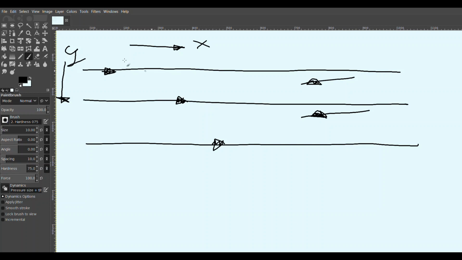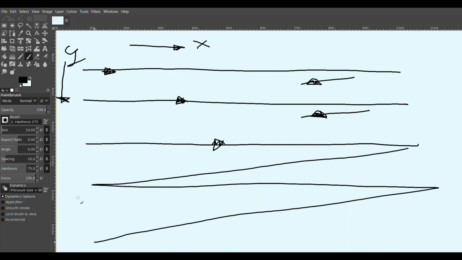So it goes in a direction X, goes down along Y as X is decreasing, increases in X, decreases in X, increases in Y, and it goes like this down the line.